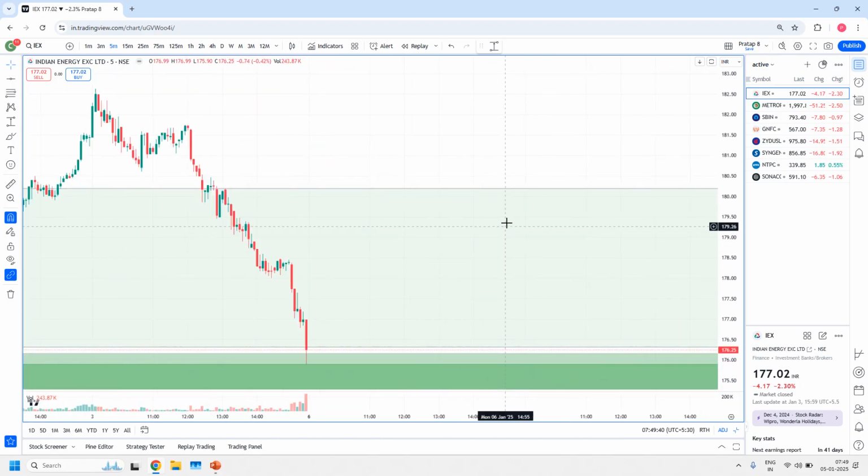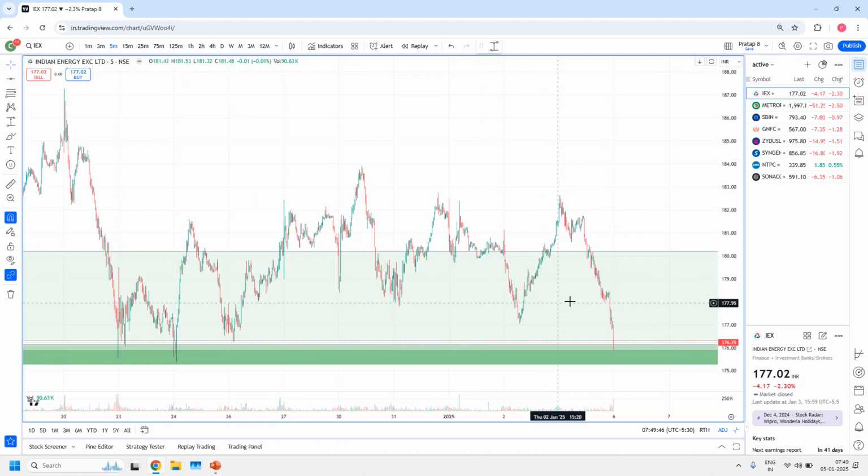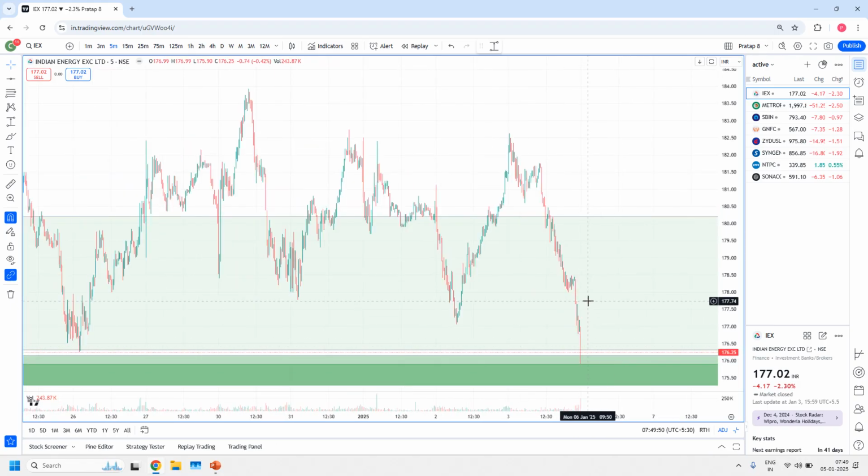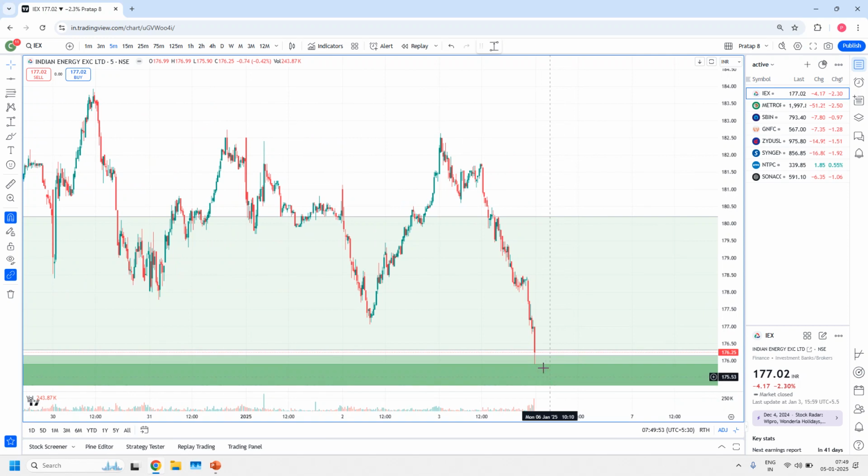See what happened? Last Friday, prices entered the zone and then moved up. Maybe there are two possibilities. The next trading session on Monday, either this will further come and again move up, or there are chances it may violate. Who knows? Because tomorrow morning, if the supply is very strong, there are chances it may consume the entire demand in this area.